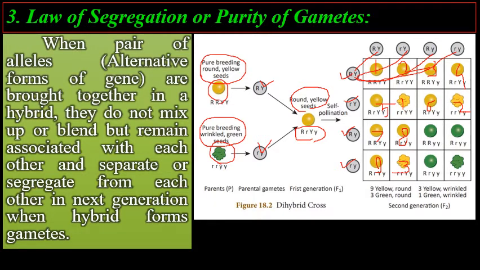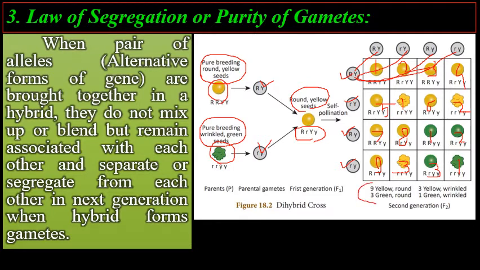Then green round, this is 1, 2 and 3. And lastly the green wrinkled, this is 1. So the ratio of the F2 generation is 9 yellow round individuals, 3 yellow wrinkled individuals, 3 green round individuals, and the remaining 1 green wrinkled individual. So the ratio will be 9:3:3:1.